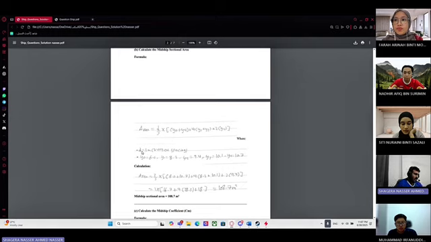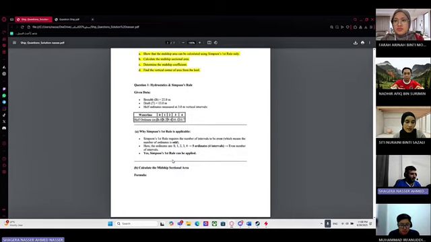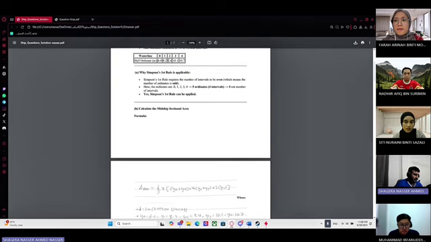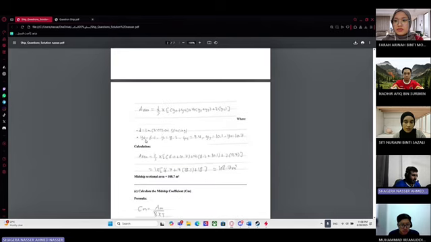The h we use here is the vertical spacing, which is 3 meters. And for the y values, we follow the table: y0 is equal to 6, y1 8.2, y2 9.4, y3 10.1 and y4 10.7.